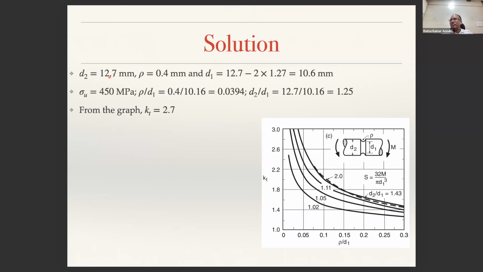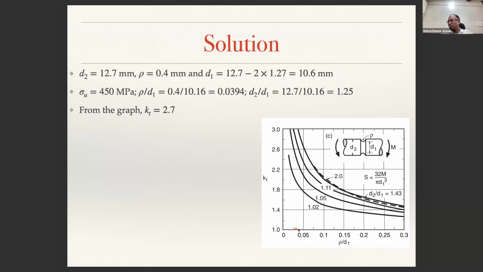So d2 is 12.7, the notch radius is 0.4 mm, and d1 is equal to 12.7 minus 2 times 1.27, which was given in the previous picture. So d1 is 10.6 mm. By knowing d1 and rho being 0.4, 0.4 by 10.6 is what? 0.0394. That will be somewhere here.